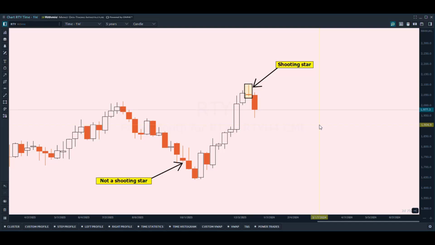Probabilities are probabilities until you actually have a trigger triggered or you have an invalidation hit. So invalidation, as I mentioned, is a close or break above the shooting star high. And then the shooting star itself needs to be followed by a candle that breaks that low, really, for that downside trigger.